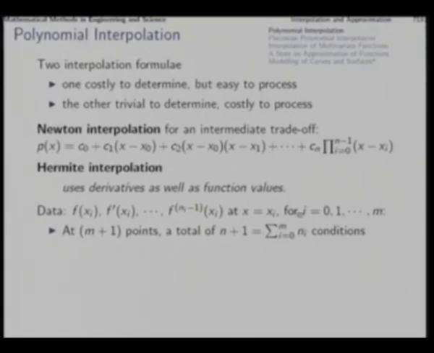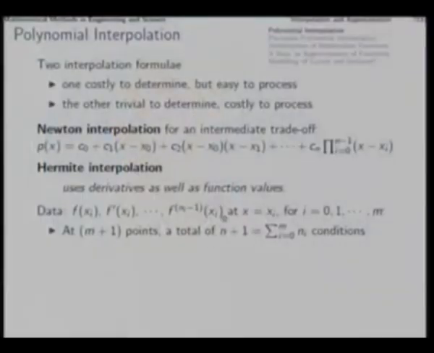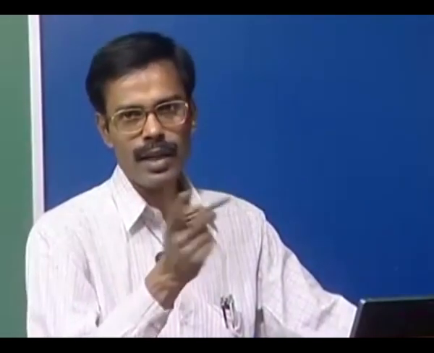Because these many conditions will give you that many equations in the unknown coefficients of the polynomial, and if you have got n plus 1 coefficients in the polynomial, that means you can go up to nth degree. Okay, n plus 1 equations, n plus 1 unknowns. So, the number of conditions will be one larger than the degree of the polynomial up to which you can correctly model the function.